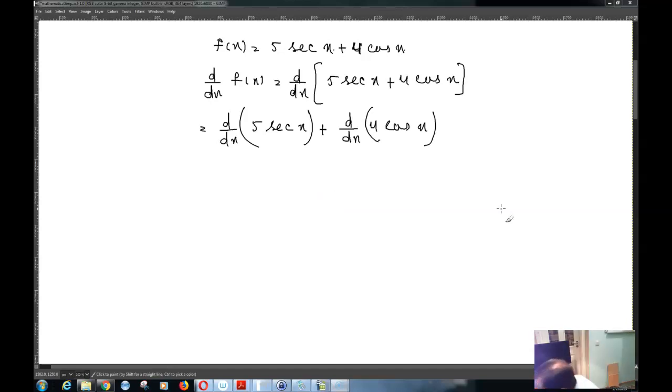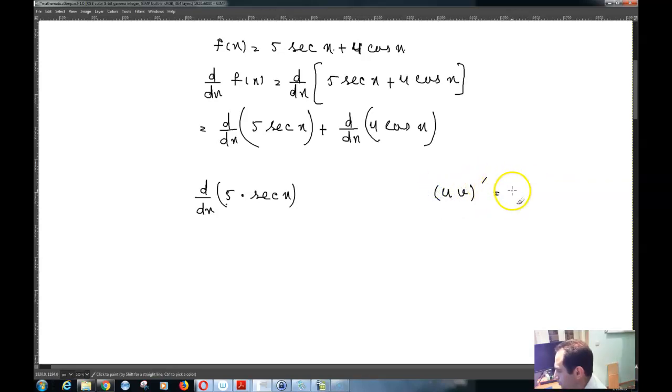So when you have two functions like this, for example the derivative of 5 times secant x, based on the Leibniz product rule, u times v whole prime is equal to u prime times v plus u times v prime.